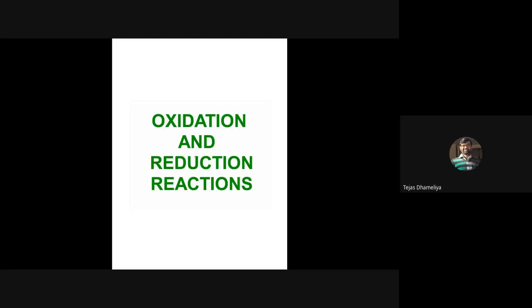The fourth way we can define oxidation is electron addition or removal. In a certain reaction, if an electron is added, this is termed reduction.